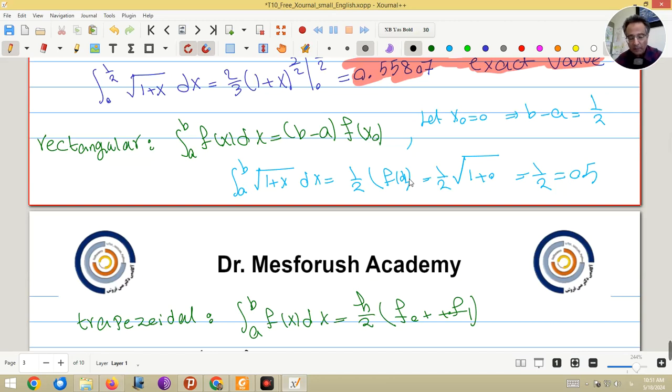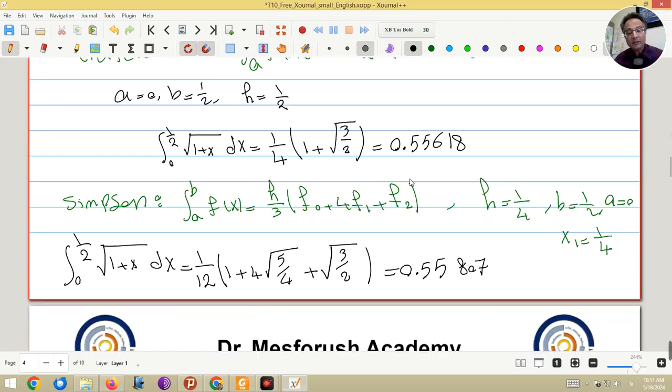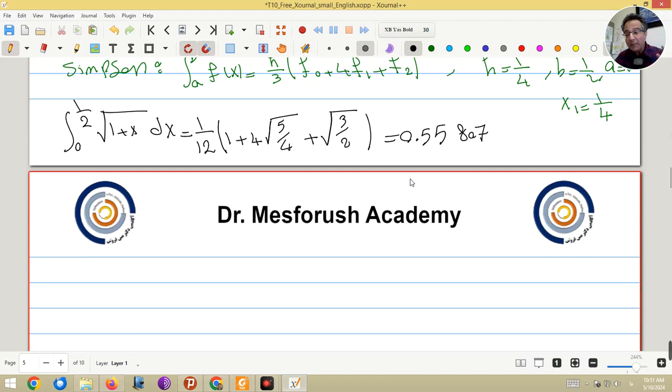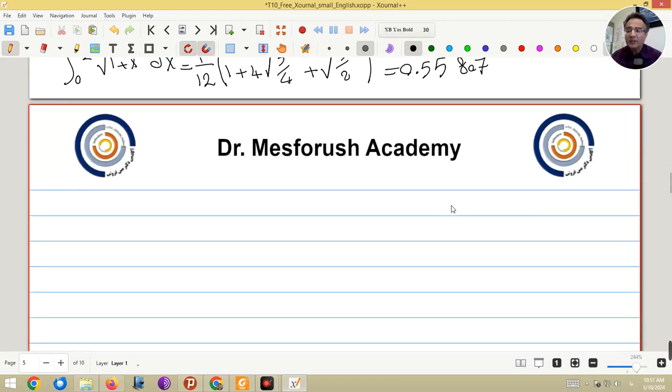Okay, so these are the three simple methods. But the big problem appears when we want to increase the accuracy of the numerical method. One idea is that you increase the number of nodal points.